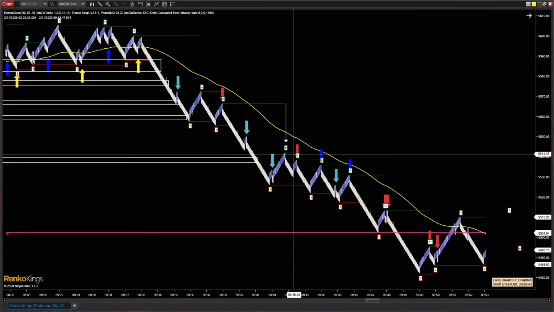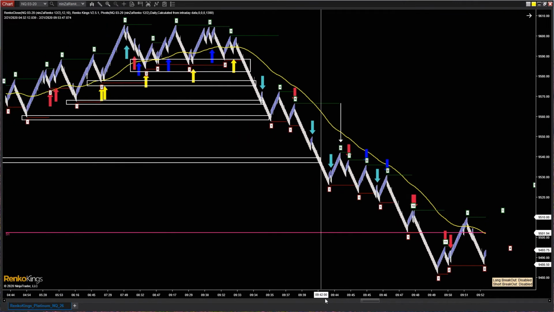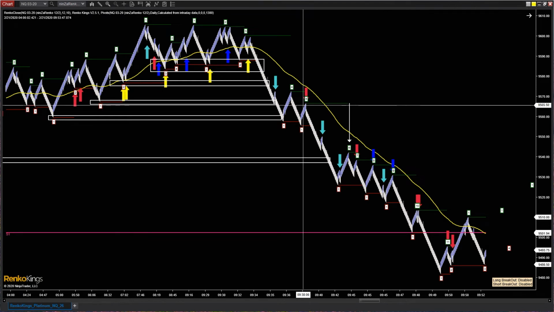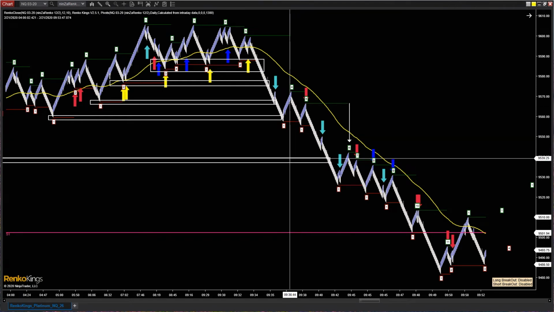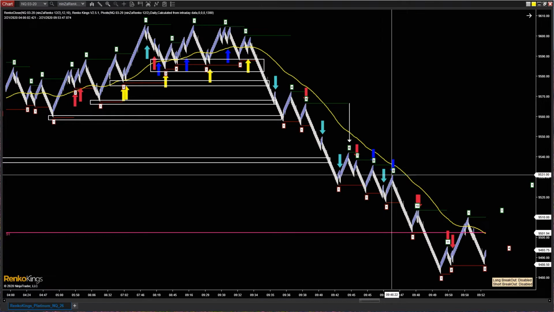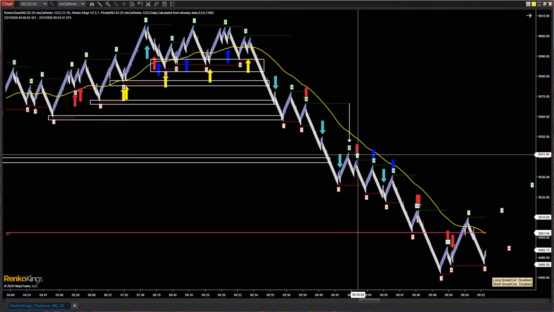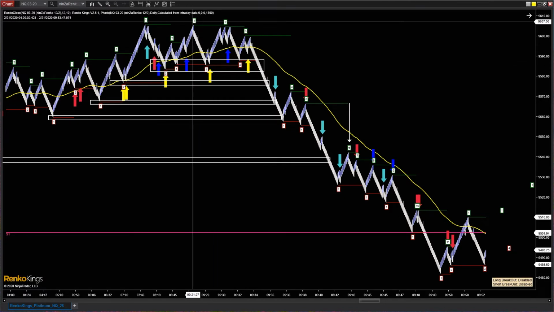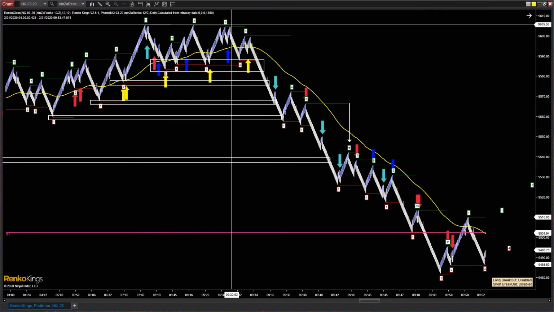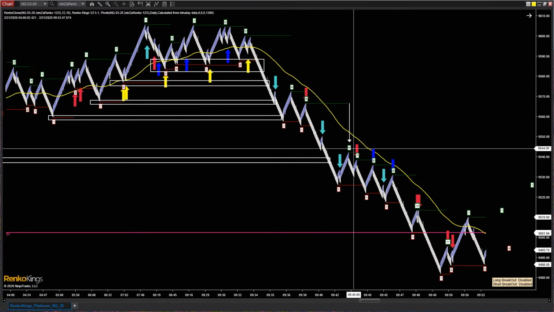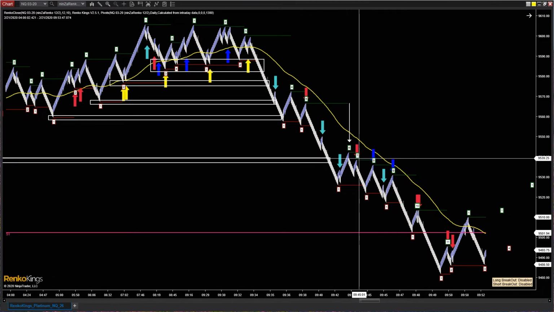But let's also look at another factor here: look at the stair stepping. If you entered in here, the stair stepping started all the way up here. 1, 2, 3, 4, 5, 6, 7.